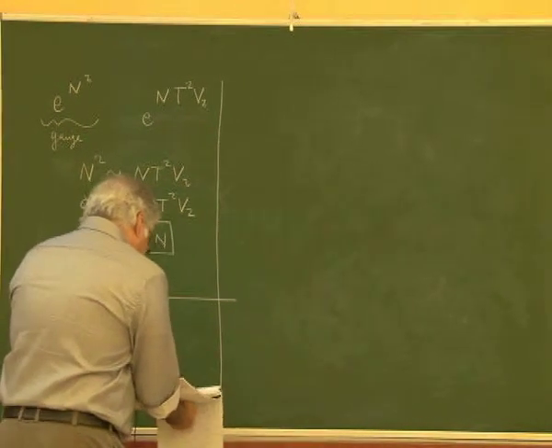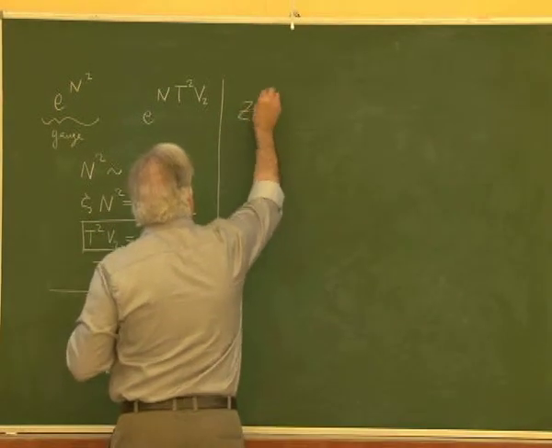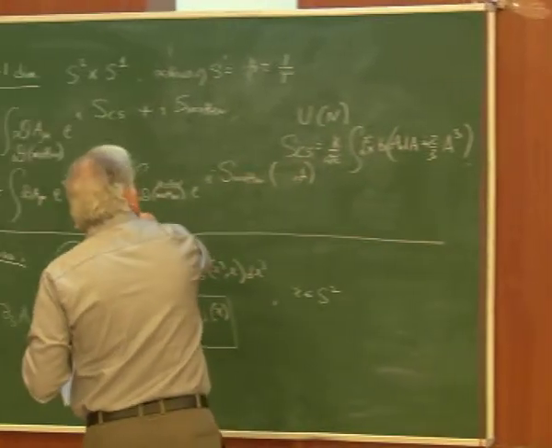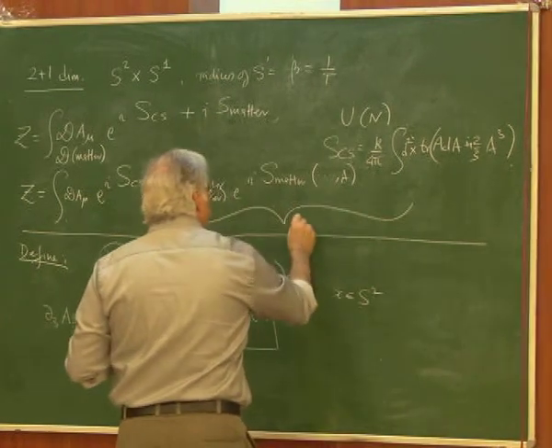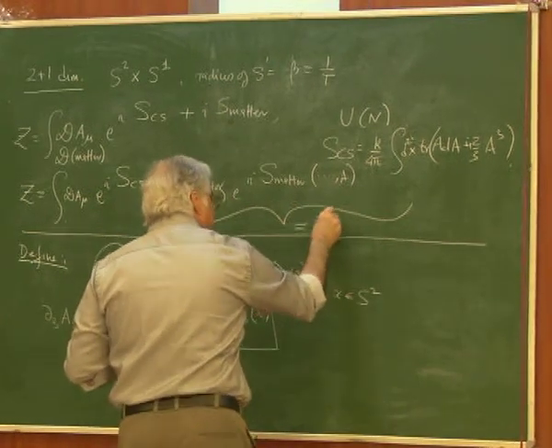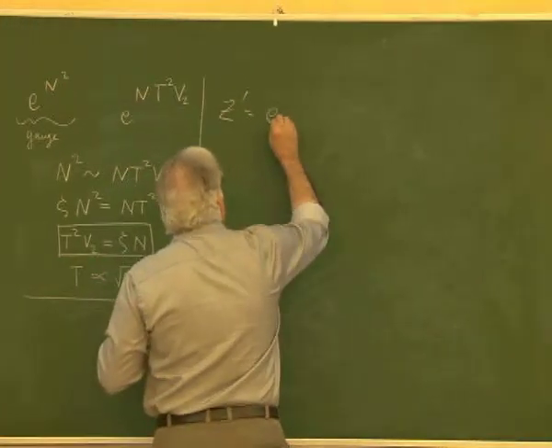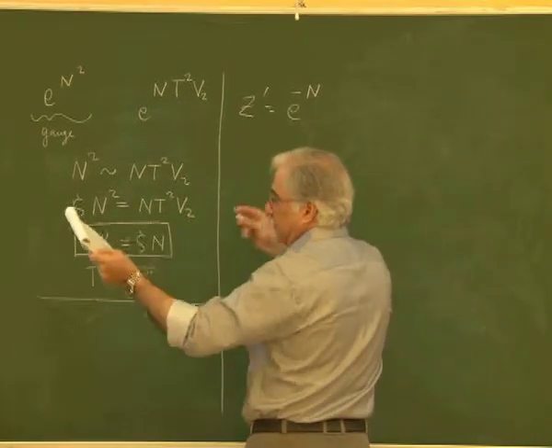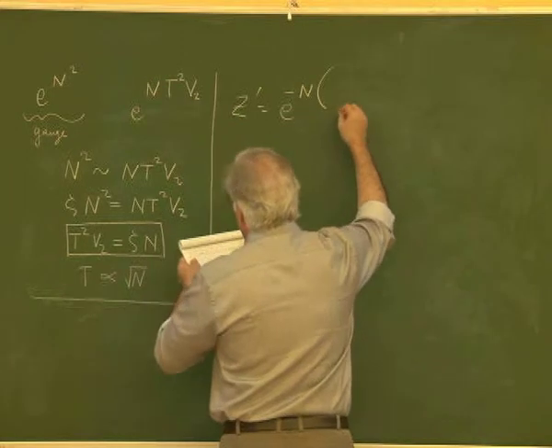Okay, so this tells me the following, that I can write the Z prime. Let me denote this part of the integral as Z prime. That is the integral over the matter fields. It will have an expansion something like this, N because vector matter, and then I have the following.